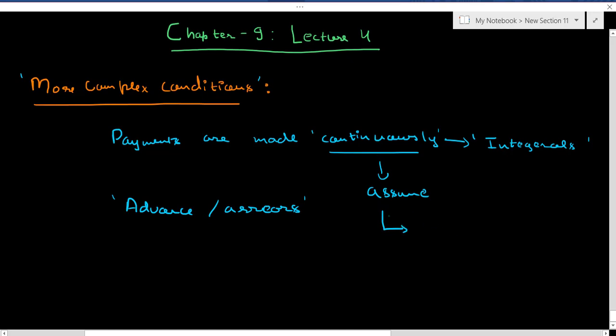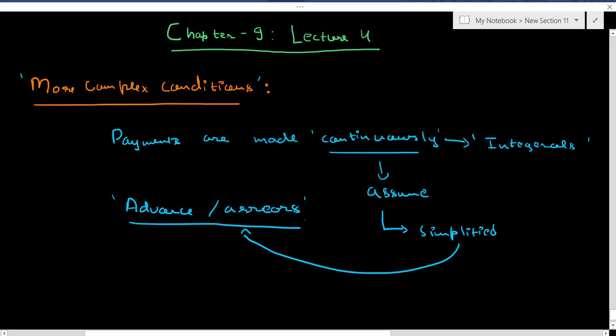We will use these integrals to get a simplified formula, and once we have it, we then transform it into annuities which are payable in advance or in arrears, and then get our solution. So initially we assume continuous payments and solve integrals to get a simplified formula, and then apply that simplified formula to the advance or arrears counterparts. We'll see when we get there.